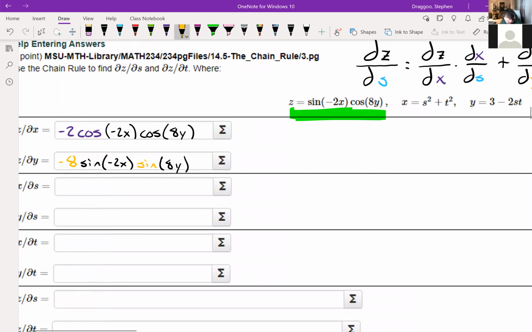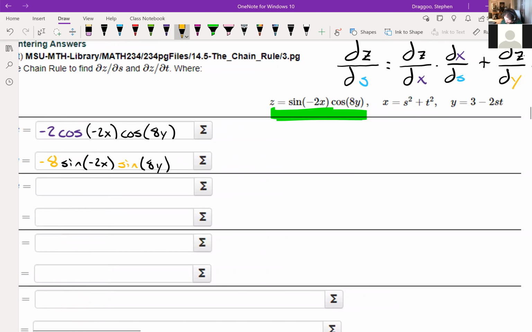After that, I need derivatives of both x and y with respect to s. If I do that derivative on x, I'm just going to get 2s. And if I take a derivative of y with respect to s, I should get negative 2t.